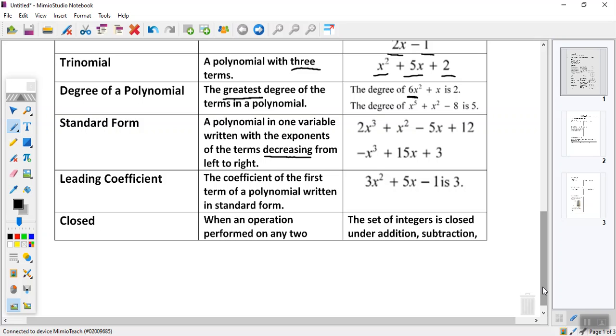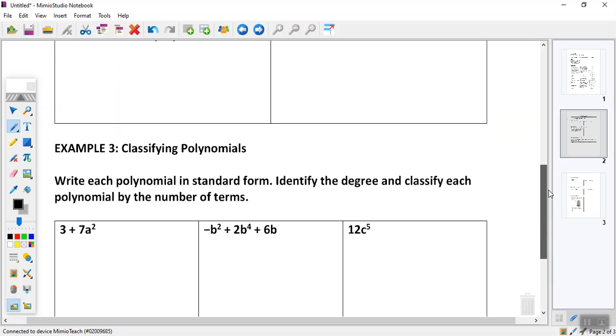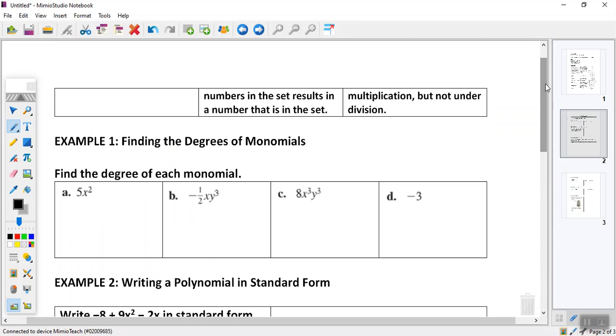Addition, subtraction, and what else? But not what? Let me show you what they mean. If I do addition right here, think of all integers, positive, negative, 1, 2, 3, 4, 5, 6, 7, 8, 9, 10, 0, and then all the way down. If I add two integers, will I always get another integer out? Like 3 plus 7, does that give me an answer? It does.